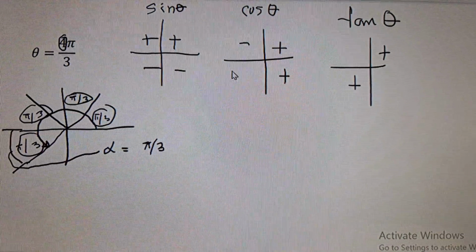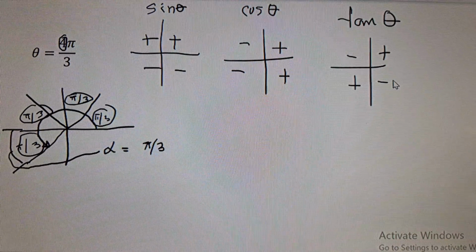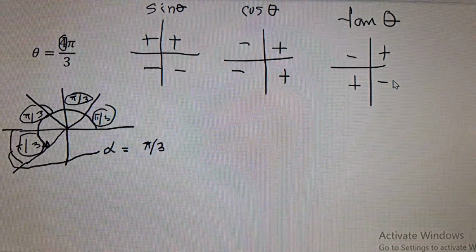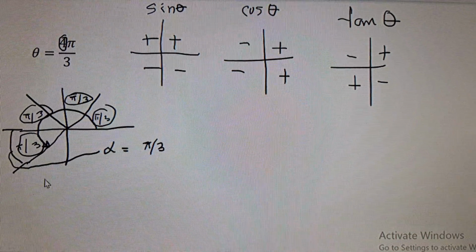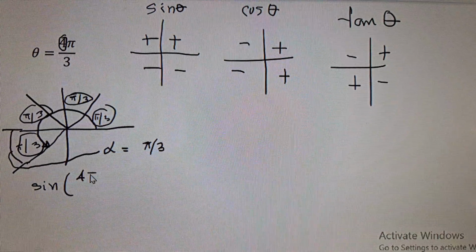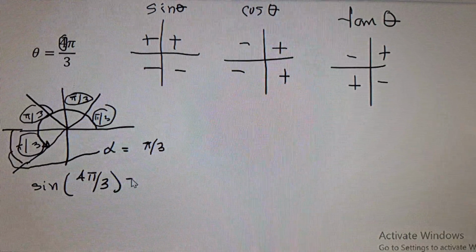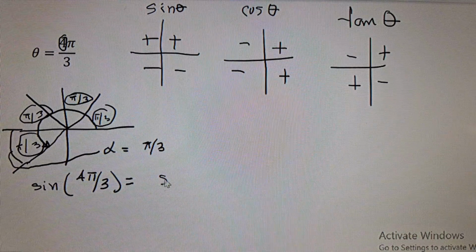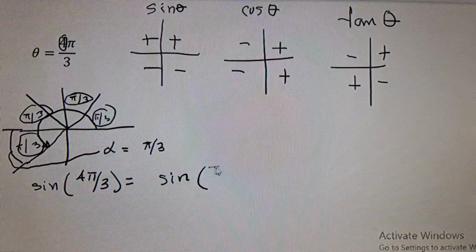Obviously, negative everywhere else. So, what would be the sign of 4 pi over 3? Same thing as sine of pi over 3.